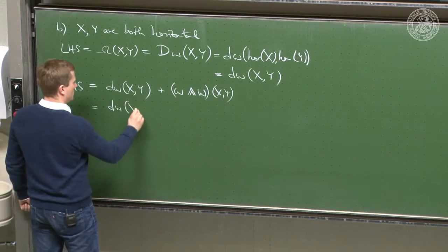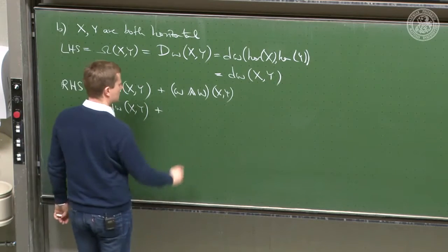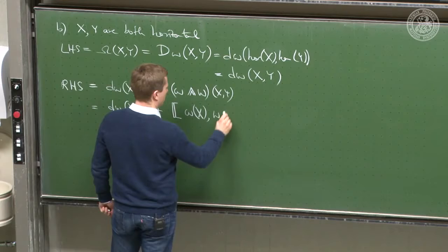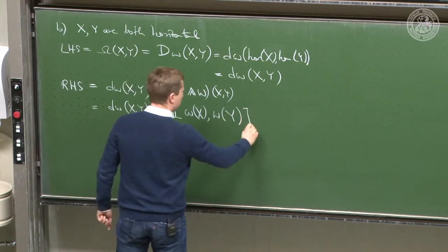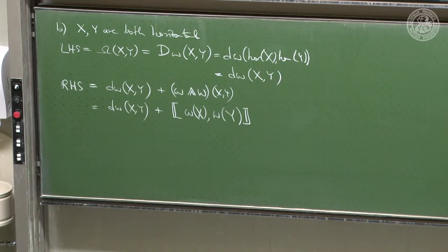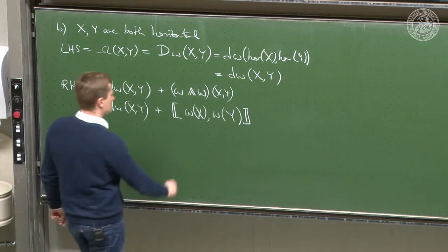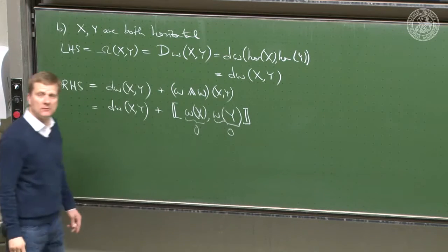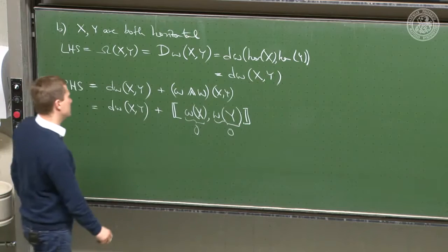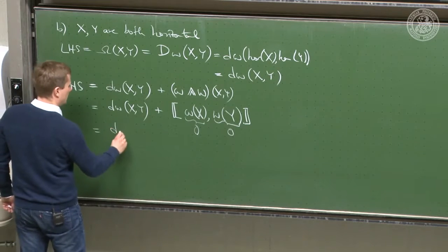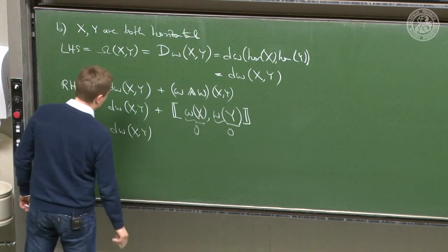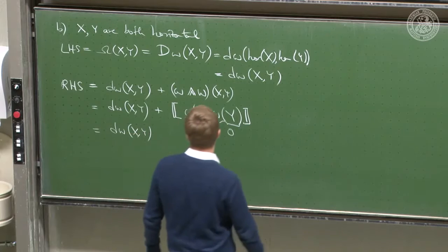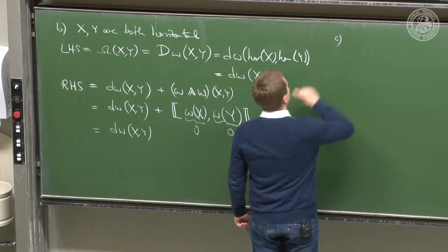This is the Lie bracket of omega of x and omega of y, but now they're both horizontal, and in that case we know the omega acting on a horizontal vector field is of course 0. And that's a bilinear bracket, hence the entire bracket is 0. And indeed, the right-hand side is simply also the exterior derivative. So case B is also under control.